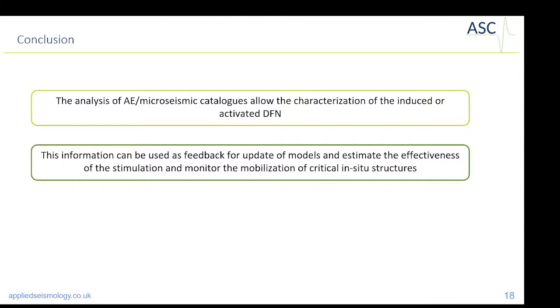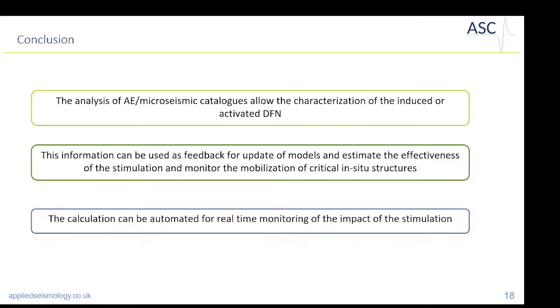This information in real time can be used as feedback to the engineers in the field, but also to update the models and estimate the effectiveness of the stimulation, and monitor the mobilization of critical in situ structures that could create undesired seismicity or undesired paths for the migration of our fluid. And as I said, this calculation can be automated for real-time monitoring of the impact of stimulation.